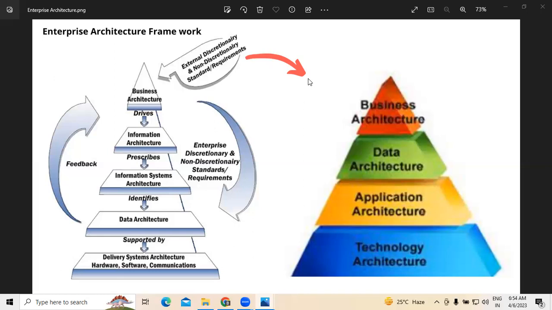Apart from core banking, maybe a CRM application may be there, used for customer relationship management, how to manage customers. Maybe they may have an ERP application to integrate all the departments. At the same time, they may require what we call a payroll management system, to manage the payroll of employees.